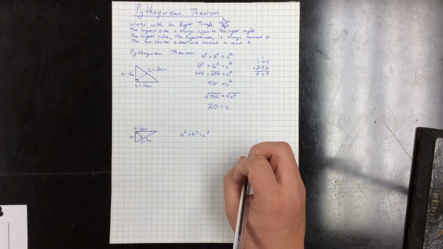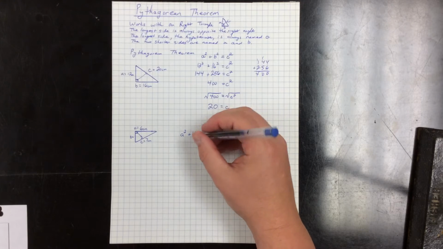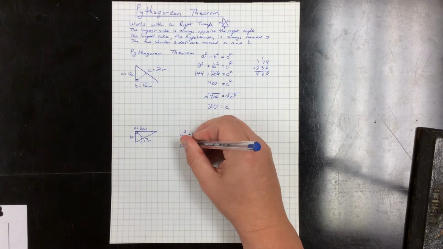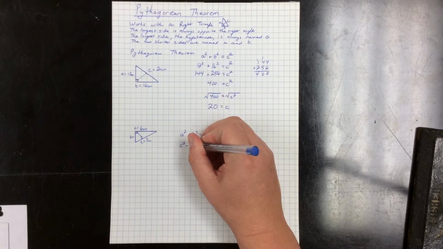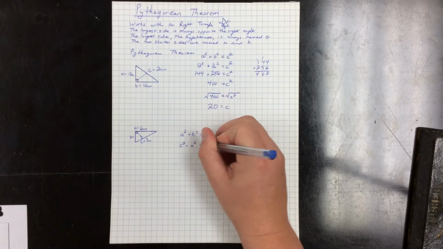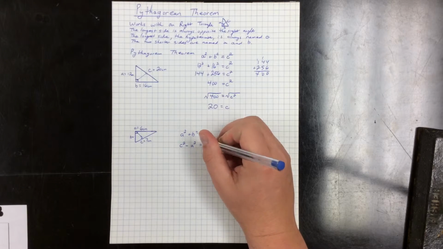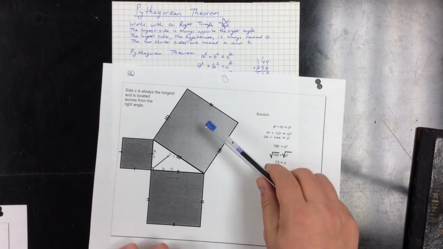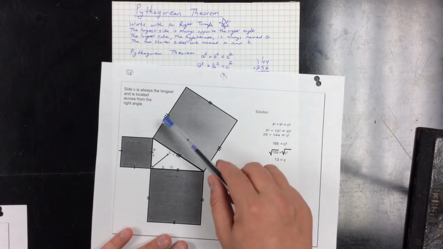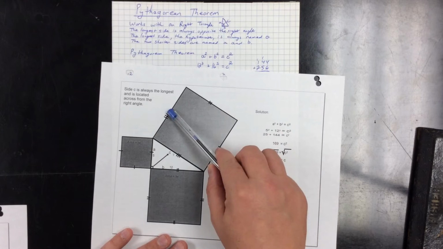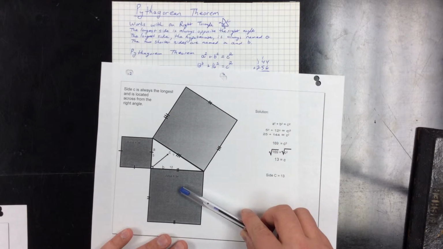Well, I could change this around and say that C squared subtract A squared is going to give me B squared. If I go back to my original, if I take the A squared amount away from here, it's going to leave me with this size.